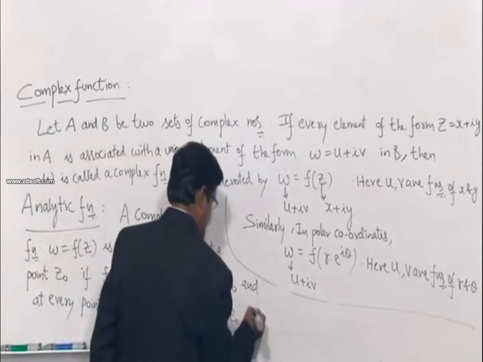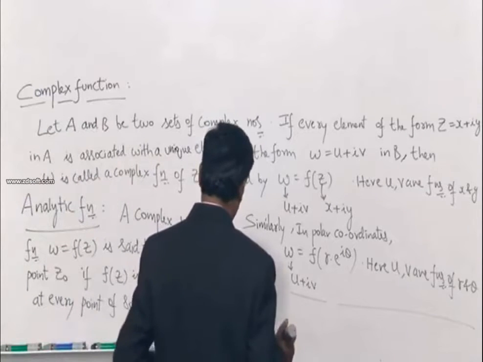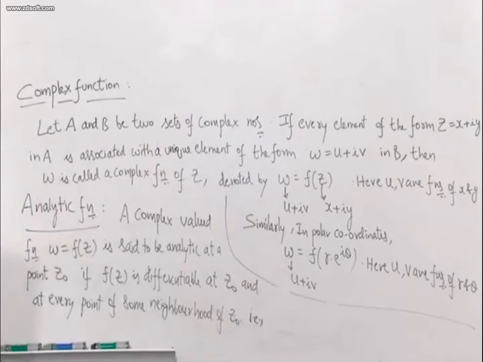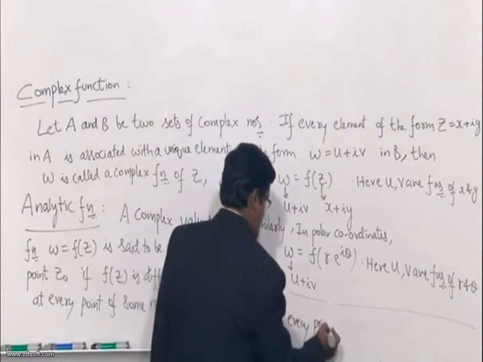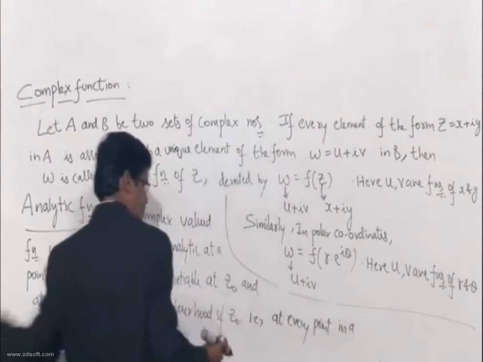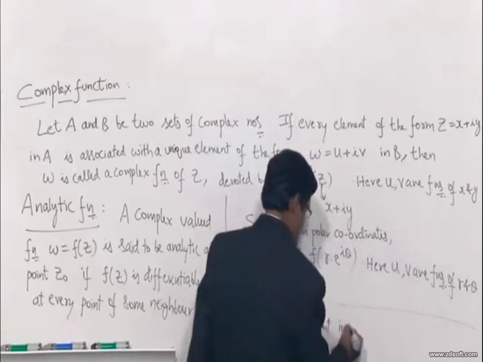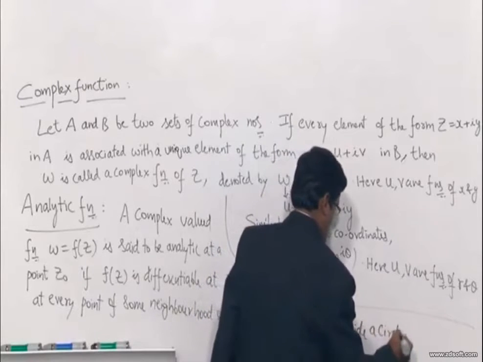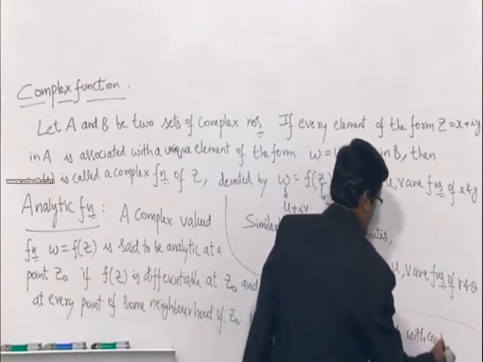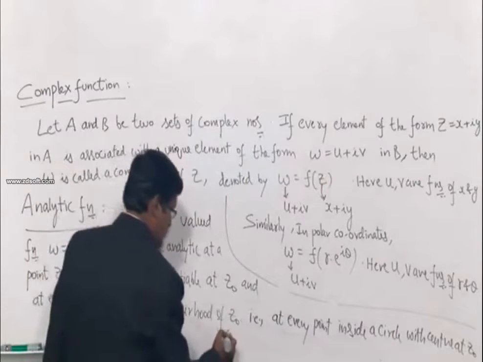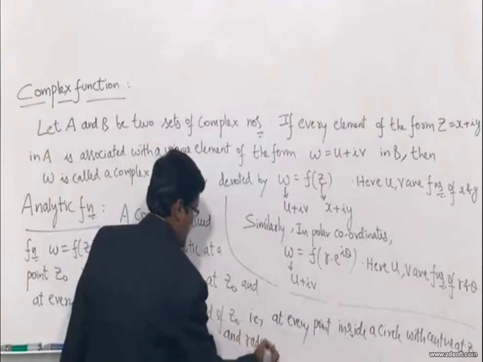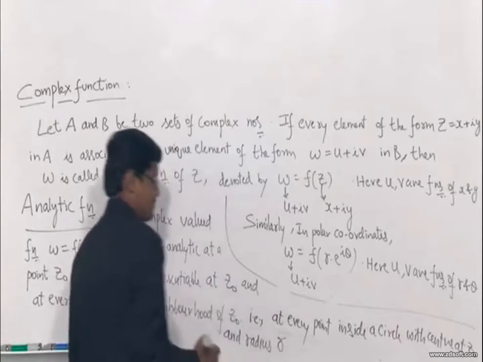That is, at every point inside a circle with center at z0 and radius some delta.